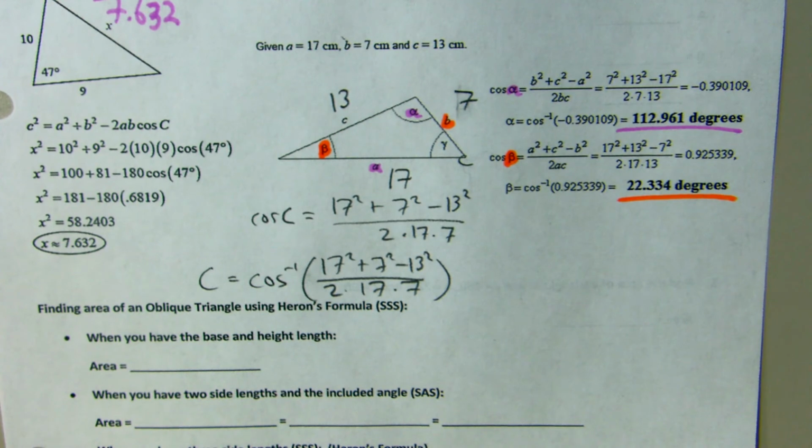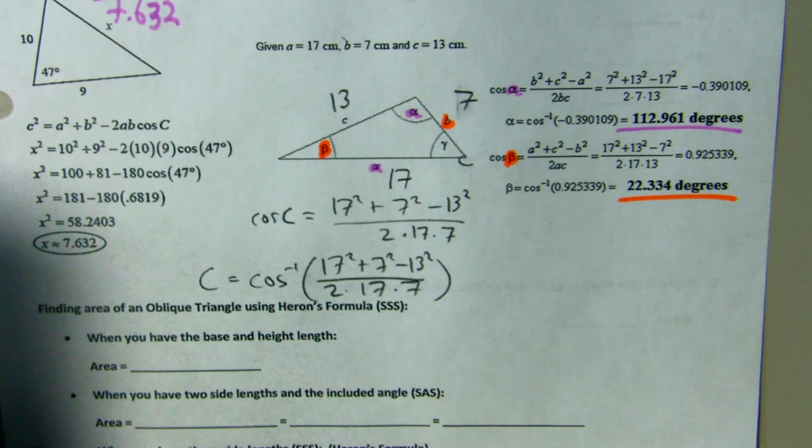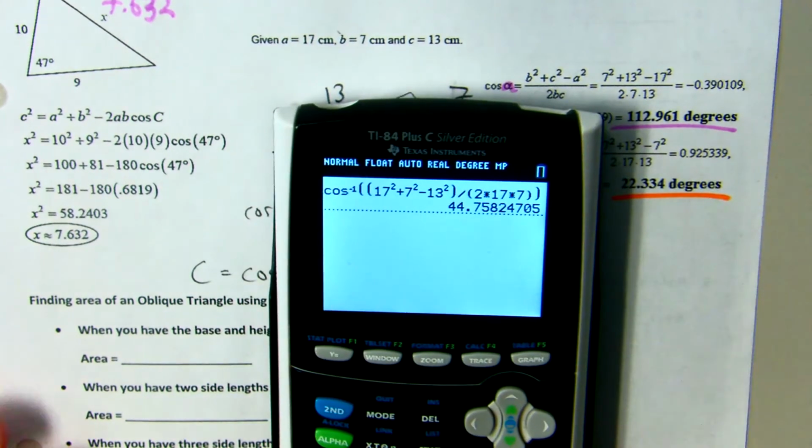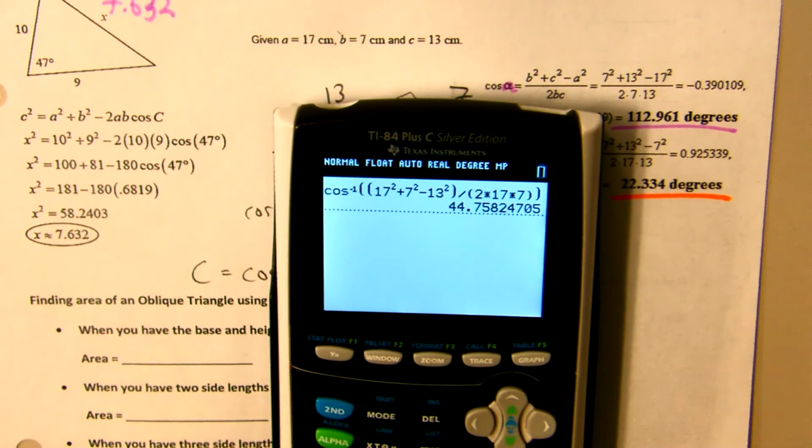Okay, and we will be in degree mode for this whole section. So just do that. Calculator there. Alright, so I do that, and then it tells me it's about 44.758 degrees.